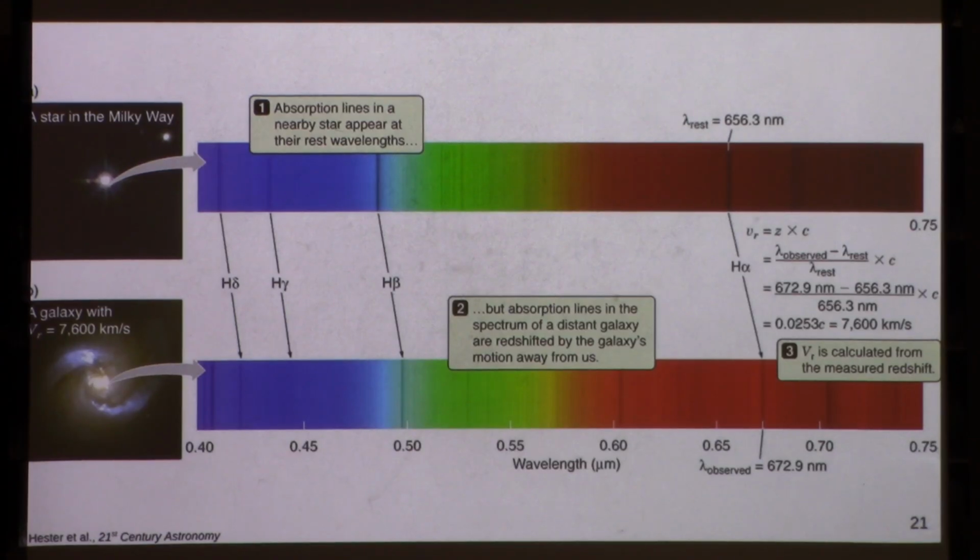Well, Vesto Slipher, before Hubble did this work, had shown that the spiral nebulae appeared to be systematically redshifted if you looked at their spectral lines. Now, the spectral lines are going to be from the combined light of the many stars in the galaxy, but stars have overall fairly similar spectra to one another.